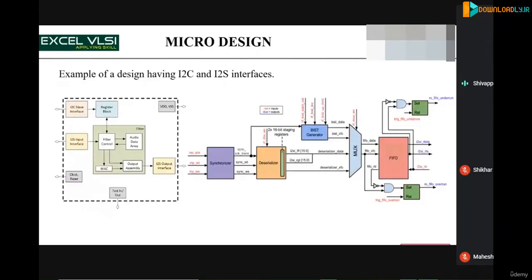Okay, so you're seeing the synchronizer, for an asynchronous signal. When you are taking it to the synchronous world, you will synchronize, and then if it is serial data, you are converting it into parallel. That's where the deserializer is used, right?